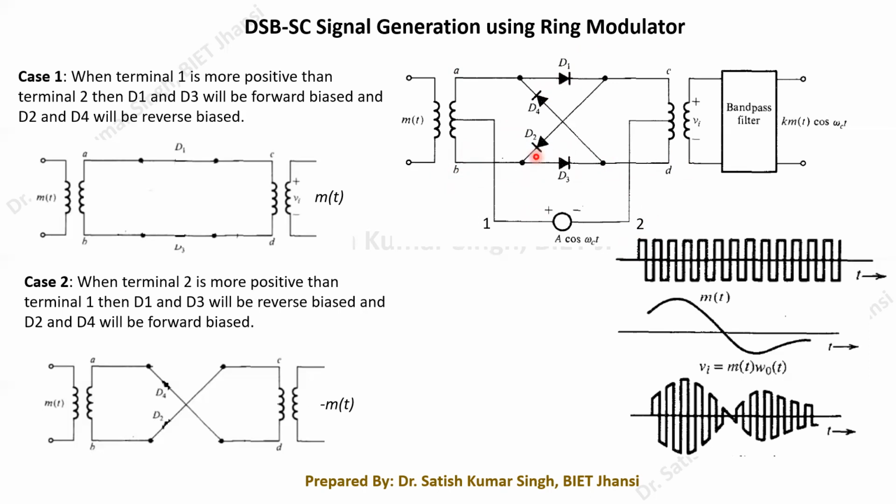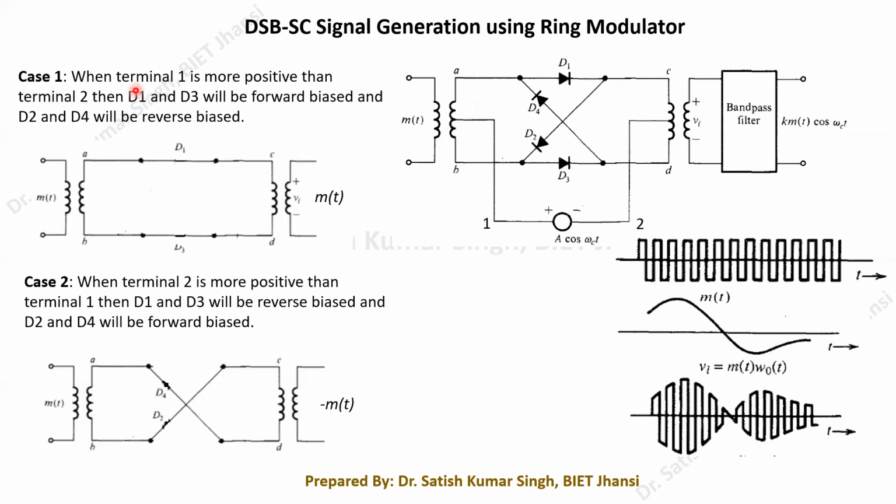As we know, whenever the anode is at more potential than the cathode, the diode will be forward biased, and if the cathode is at more potential than the anode, it will be reverse biased.